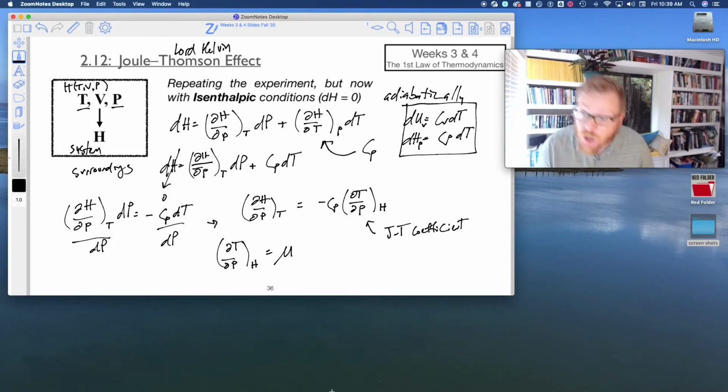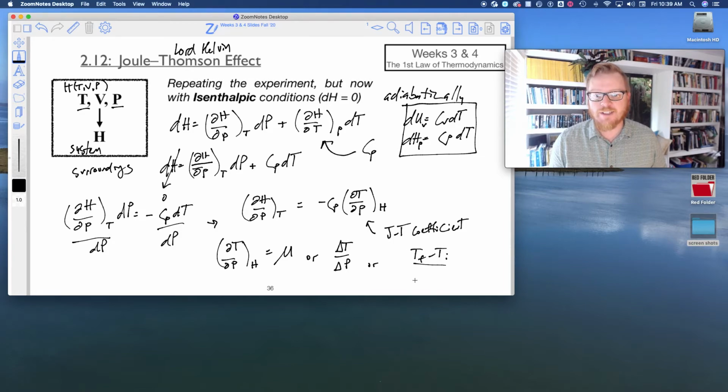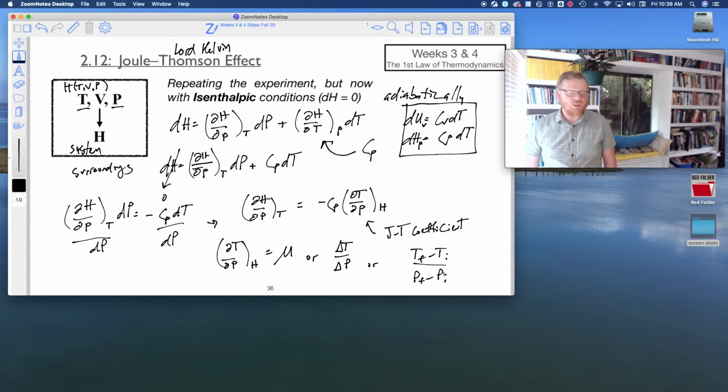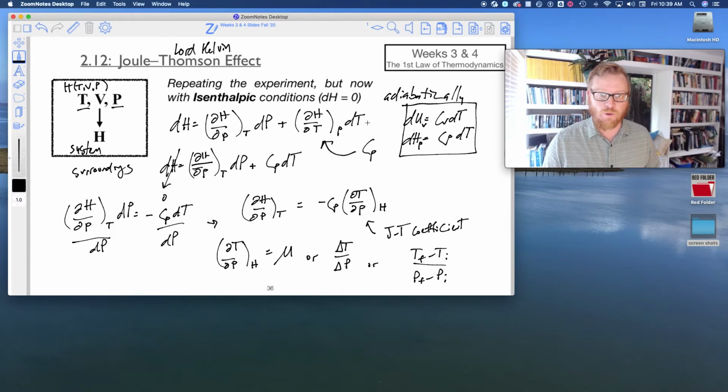But we also know, because this is based on exact differential expressions and state functions, that we can just simply write this as delta T over delta P, or in other words, T final minus T initial over P final minus P initial, which are two things that we can very easily measure, which is really cool.